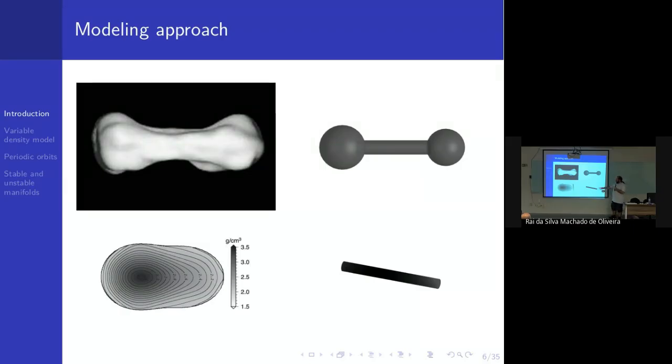For example, this is an estimation of the internal density of Eros. Okay, so what we're going to do is to assume that our asteroid is just a segment without these poles, okay, but with variable linear density, and see how this variable density affects the dynamics.